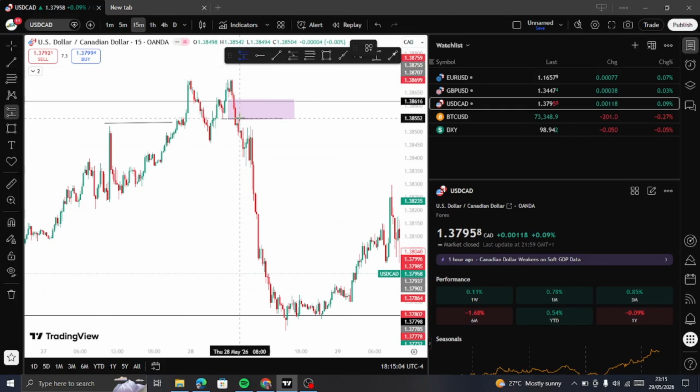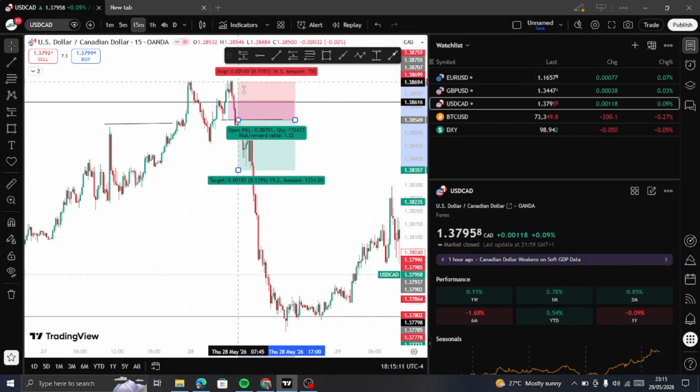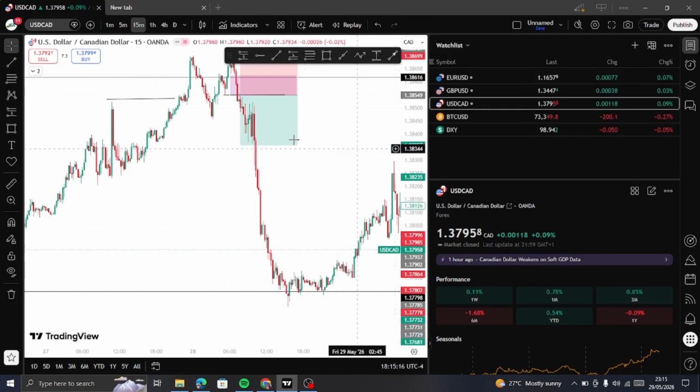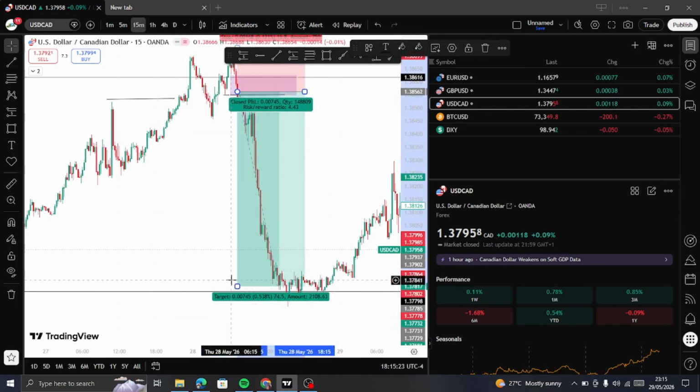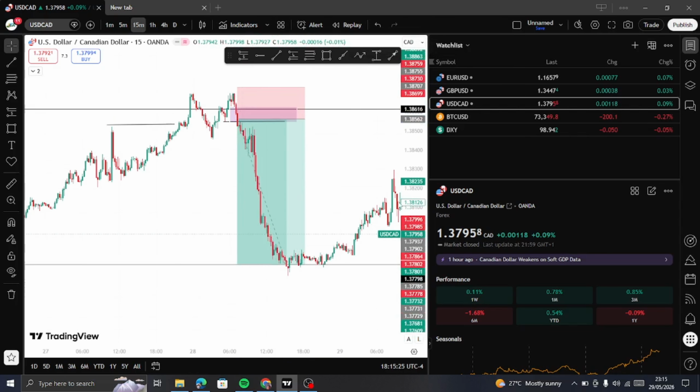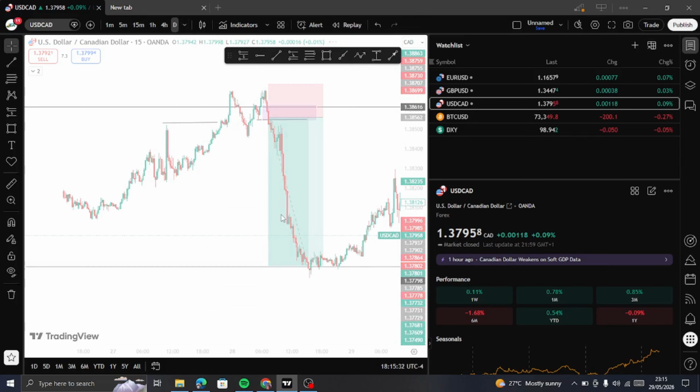So I missed this trade though. I took the trade from here actually. Put your stop loss above the fair value gap, or take your profit. And the CRT, there's what we call a 50%.